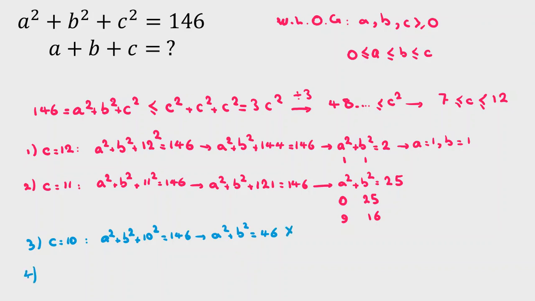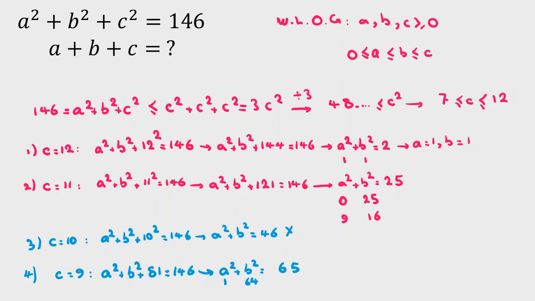Let's check the fourth case. In the fourth case, C is 9. So A squared plus B squared plus 9 squared, which is 81, equal to 146. Now, A squared plus B squared equal to 146 minus 81, which is 65.